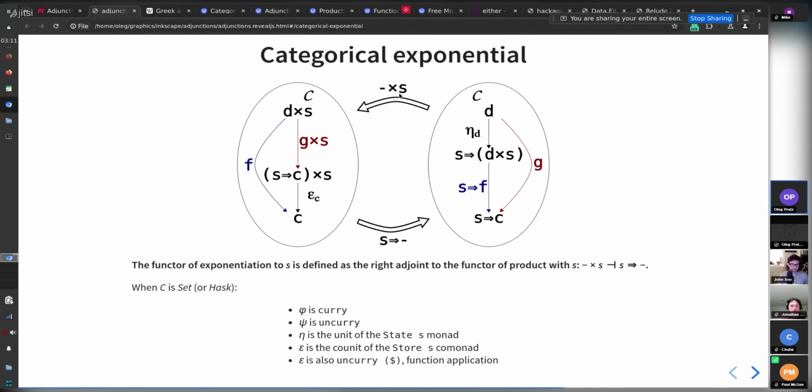And here we are taking an object S, and by fixing it and partially applying the product functor to it, we are getting an endofunctor. So does it make sense how this functor is formed? So a functor of pairing with S, that's what I call it.